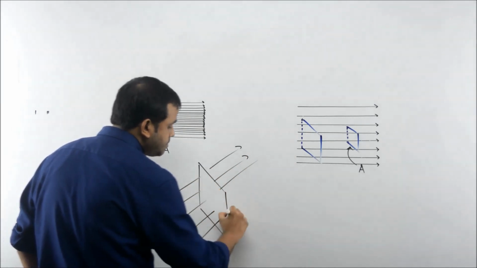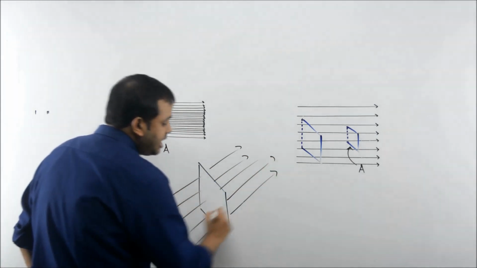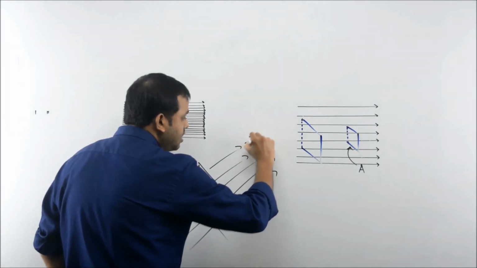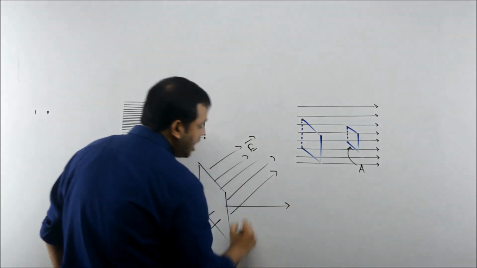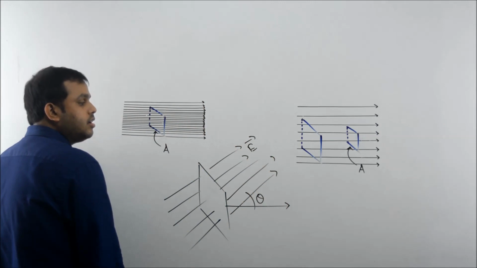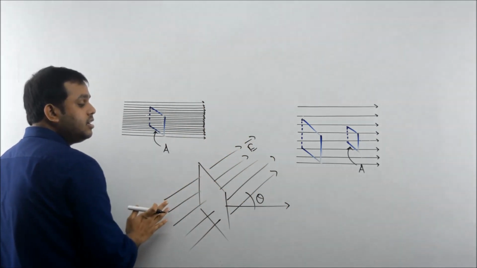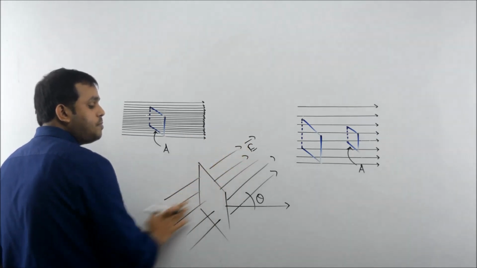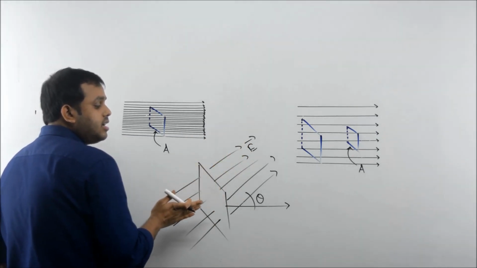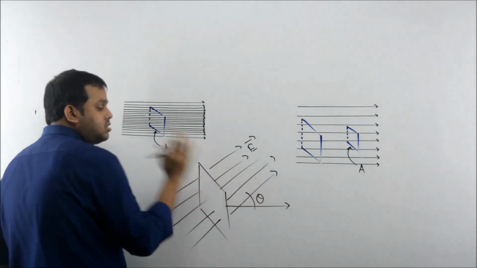Let us consider that electric field lines are inclined to the normal by an angle of theta. Yes, this is a region of uniform electric field, but electric field lines are not passing normally. They are making an angle of theta with the normal to the surface.